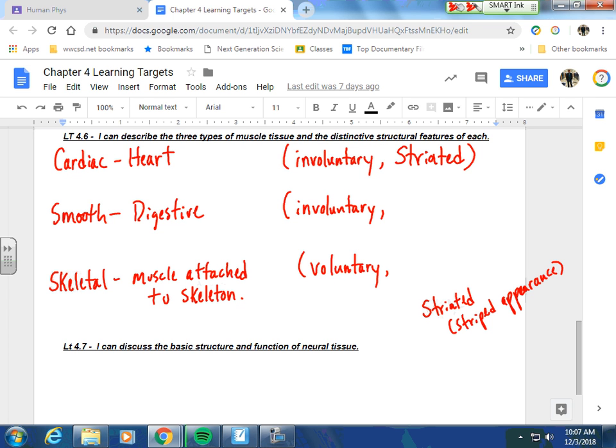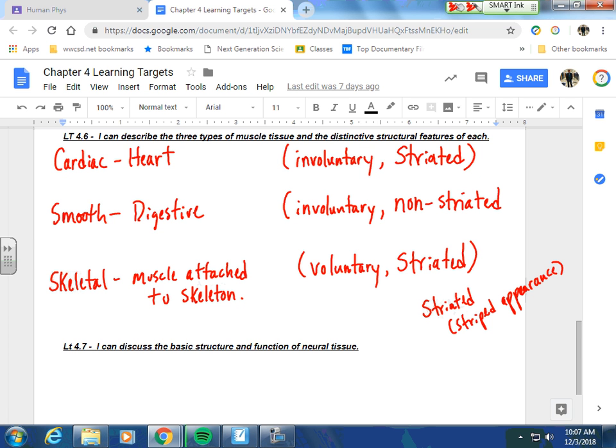What about smooth muscle? So we call that non-striated. And skeletal muscle? So based on just these two categories of things, we can identify what we're talking about. Is it striated? Yes. Okay, well, I know it's either cardiac or skeletal.